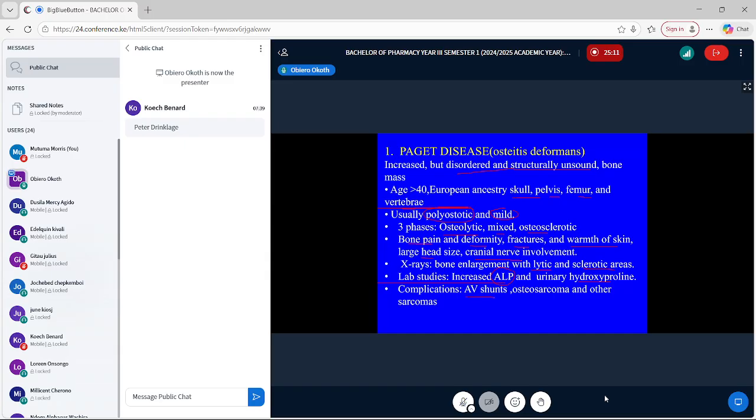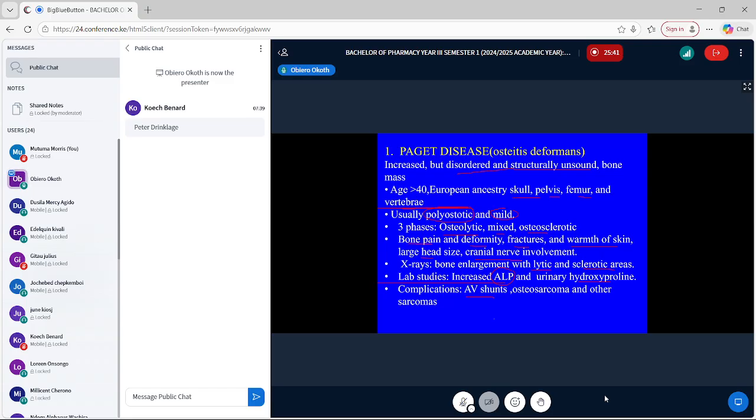Complications: AV shunt basically means the artery and the veins are connected. Because there's too much destruction in the trabecular bone, the arteries get connected directly to a vein. The normal scenario is you start from an artery, you get to an arteriole, you get to the capillaries, and then the capillaries make a venule, and then you have a vein, and then the blood goes back to the heart.